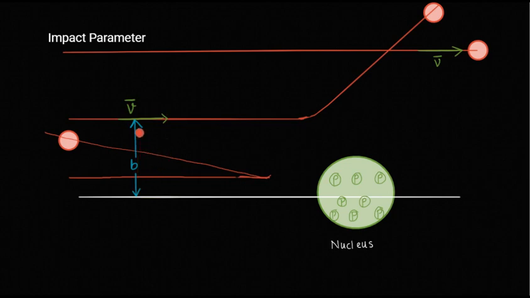Now, when the impact parameter is of the medium order, what happens in this case? The particle was supposed to travel in this direction, but since this impact parameter is small as compared to this case, where you have a very big impact parameter, the impact parameter for the second alpha particle is small as compared to this one. So what will happen? The particle gets scattered.